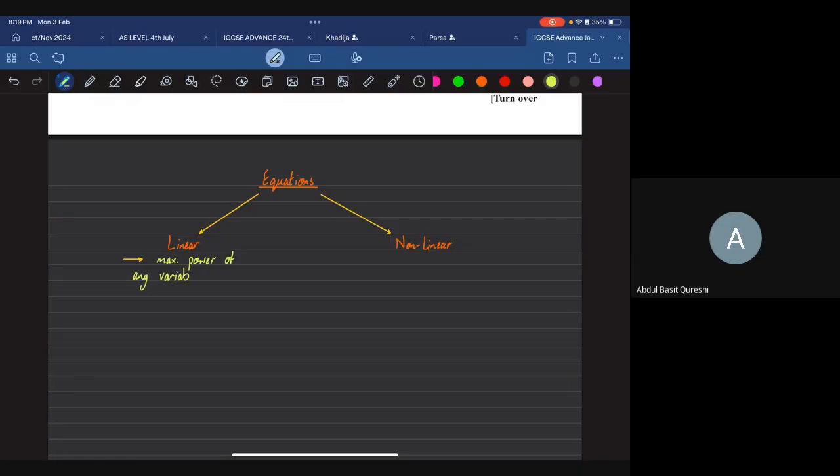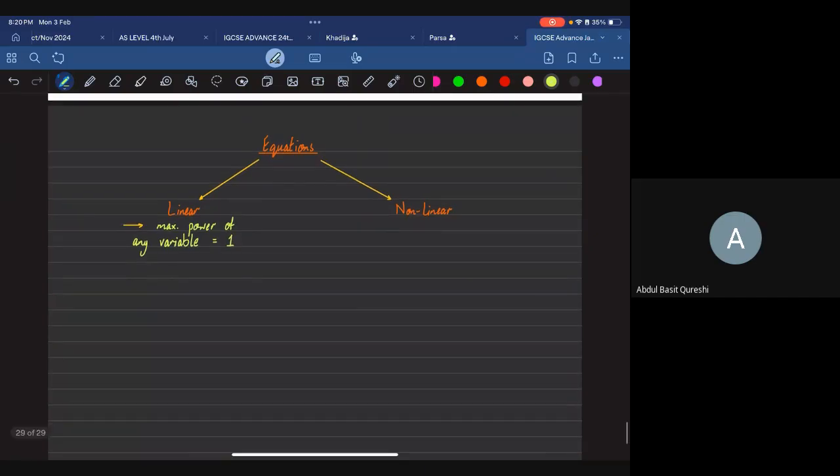These are the ones that I think Saad meant when he said simple equations. They're really simple. There's nothing fancy about the powers, just simple x and y manipulation of the equation. So the maximum power of any variable is equal to 1 in an equation.